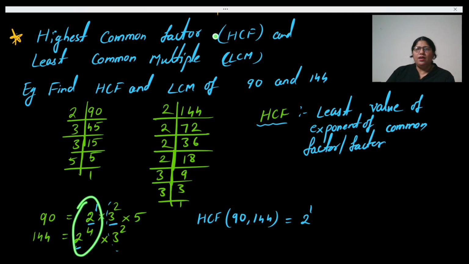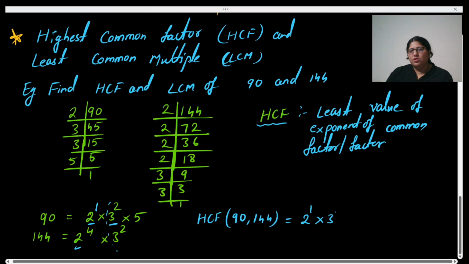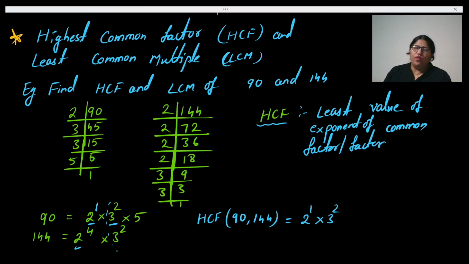So the highest common value is 3 square. Then there is 5, but 5 is not a factor of 144. So the HCF is 9 twos are 18.